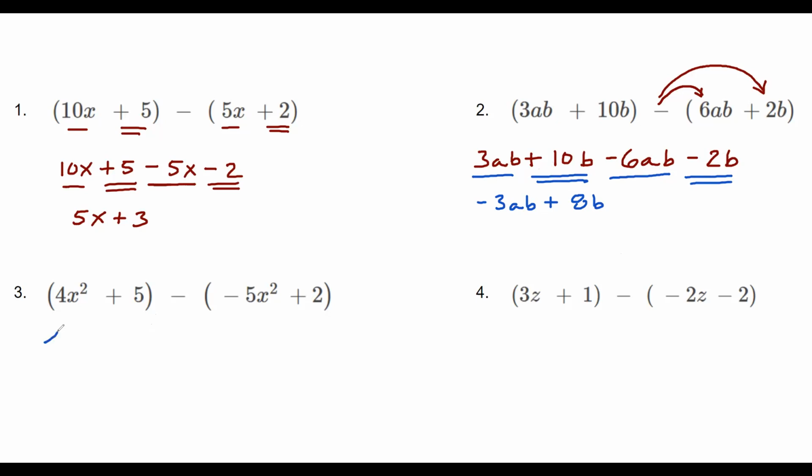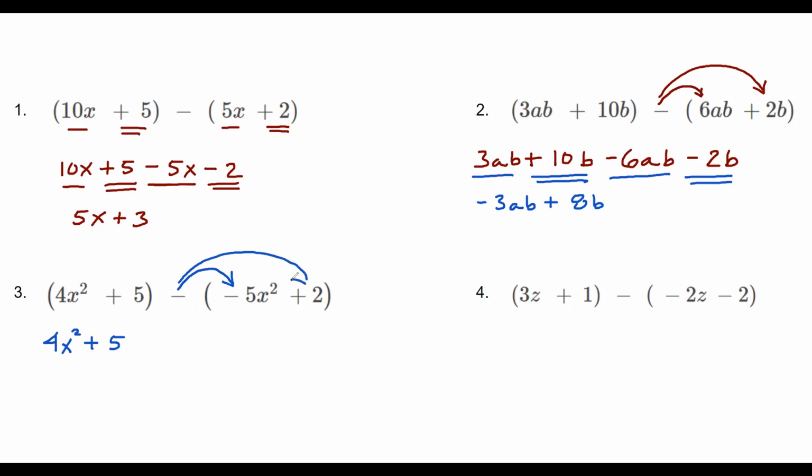I'm going to once again start out by rewriting the first part, just dropping the parentheses. You don't have to worry about doing anything with the parentheses on the first polynomial. On the second one, we need to remember to change the signs. That's what this subtraction sign tells us to do. Change the sign of this.